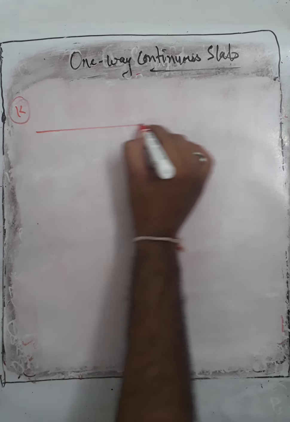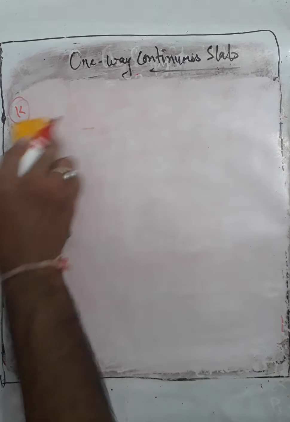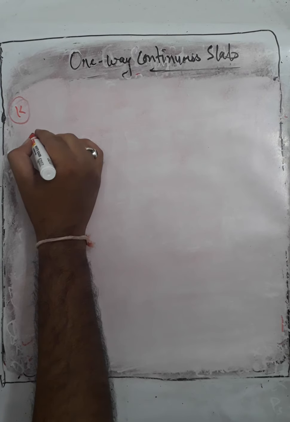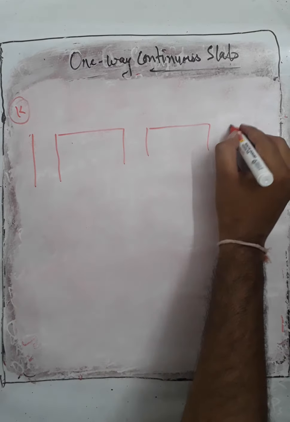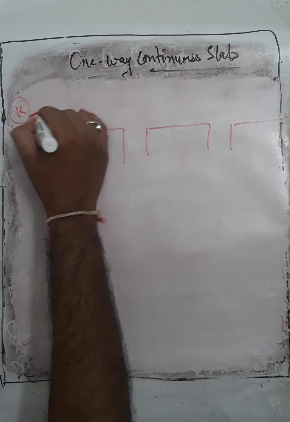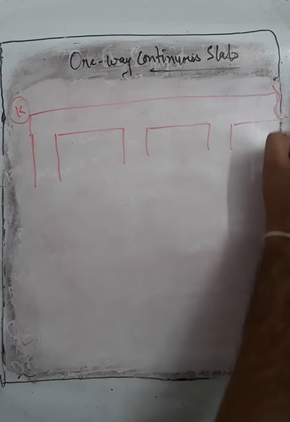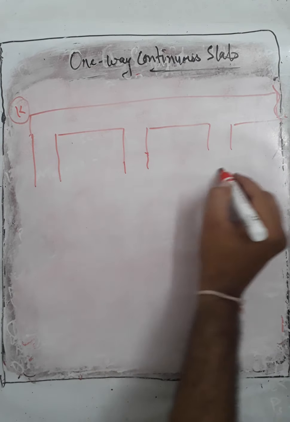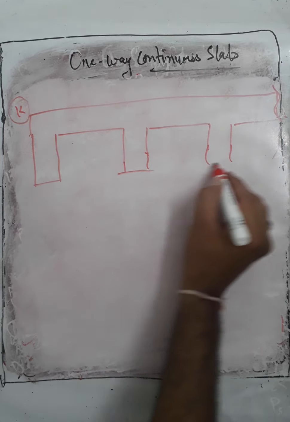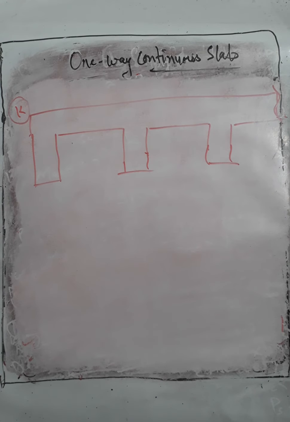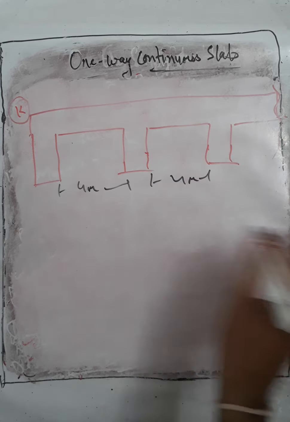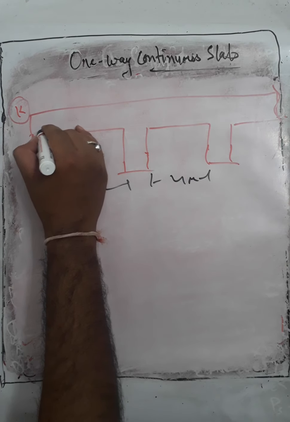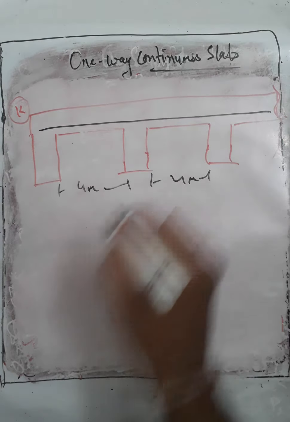We have beam like that. We have effective span. So effective span is 4 meter. This is 4 meter, and so on. Here we provided this main reinforcement.